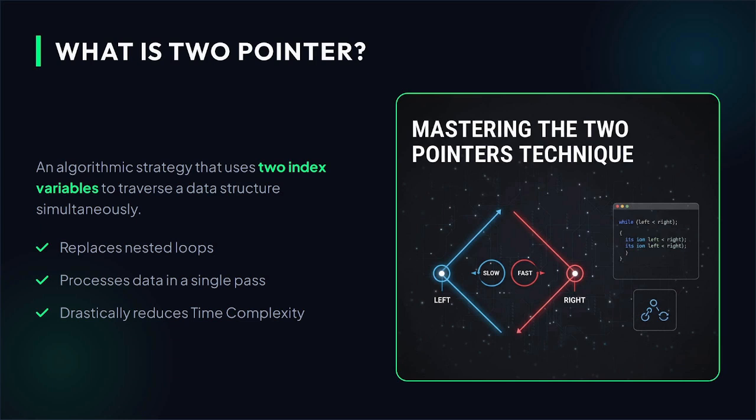Then, based on the condition, we move the pointers accordingly. This approach helps us reduce unnecessary comparisons and improve performance. For example, if we are using two for loops and we use two pointers instead, then the time complexity will be converted from O(n^2) to O(n).